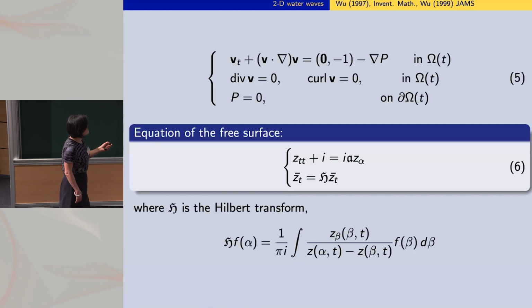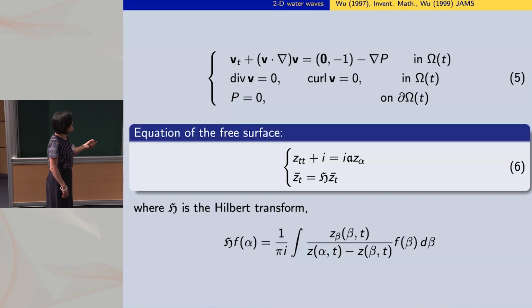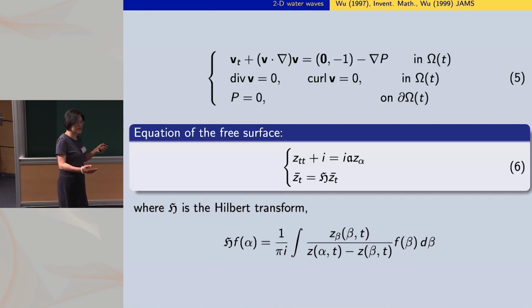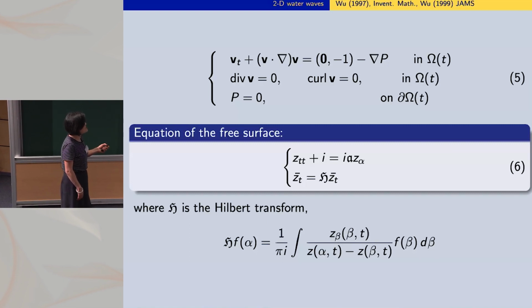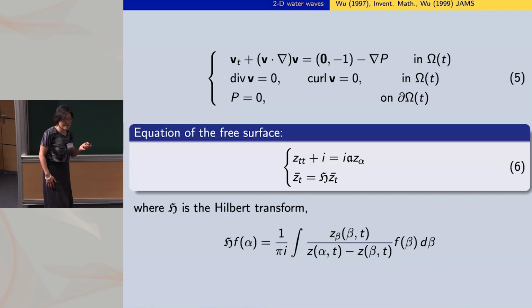And divergence and curl equal 0 means v bar is holomorphic, so it satisfies the Cauchy integral formula. So this is really the holomorphic function satisfying the Cauchy integral formula. And this is the Hilbert transform on the interface. Okay, so there should be a principal value here. It's like twice the Cauchy integral.